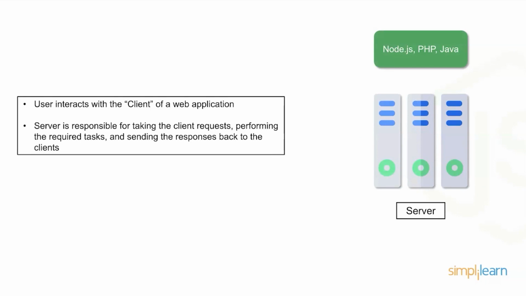PHP, if you're not familiar, is a really great way to get started with writing web applications that run on the server. Java is just a really solid traditional application language for building out web apps. And then the server itself is going to be responsible for those client interactions with backend services, connecting with APIs, and reinforcing your security model.